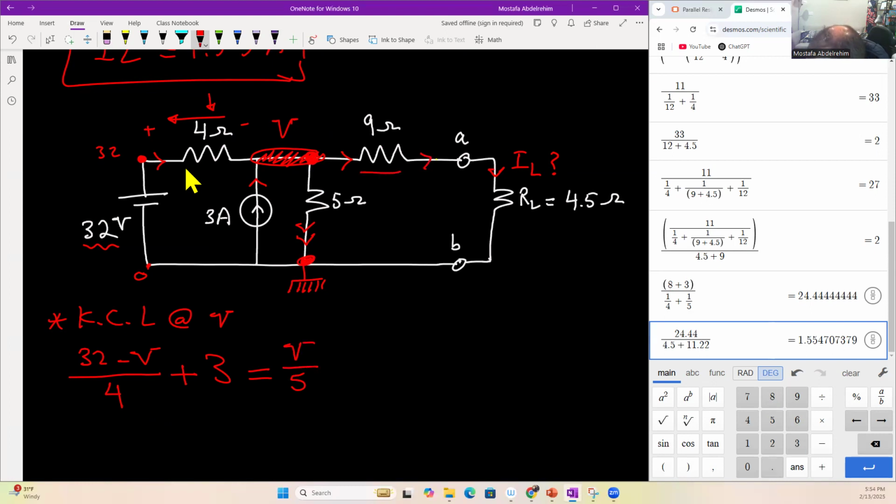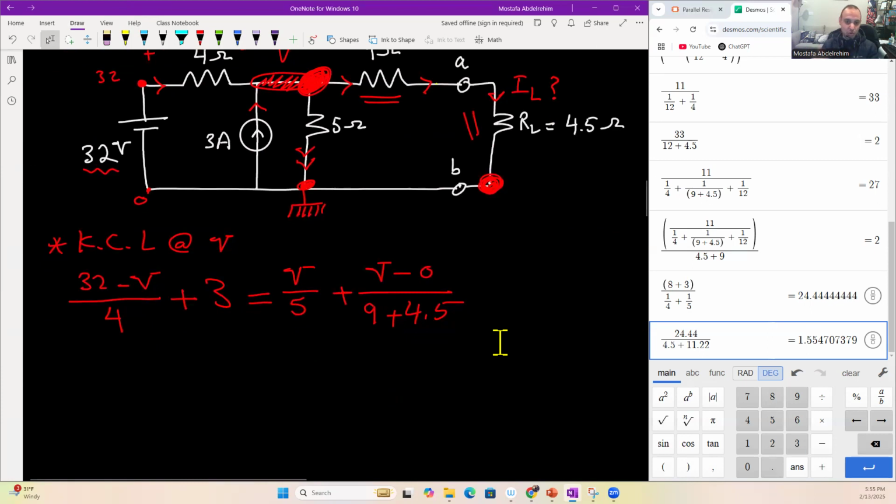This current is flowing in two series resistances. So you can calculate IL this way: this point minus this point, which is 0, divided by the two resistances. So plus V minus 0 over 9 ohms plus 4.5 ohms.